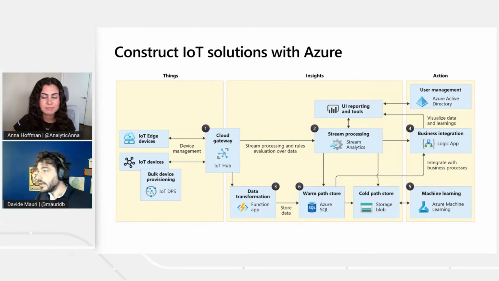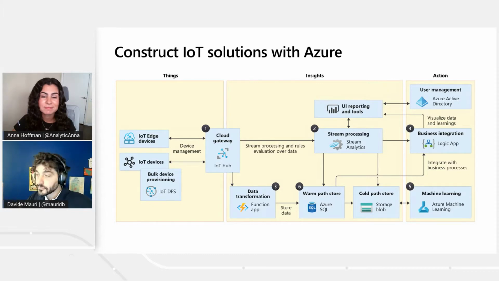And everything, of course, is managed and secured using Azure Active Directory. So everything is secure. You don't have to worry about passwords and other stuff that may be a little bit delicate to manage. But that's for the streaming part.